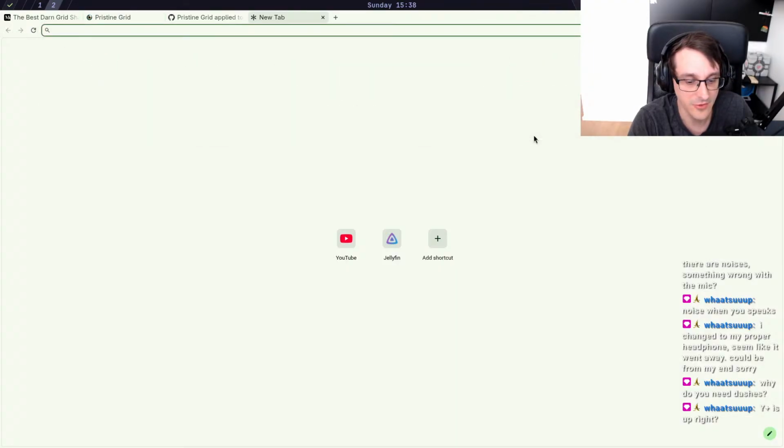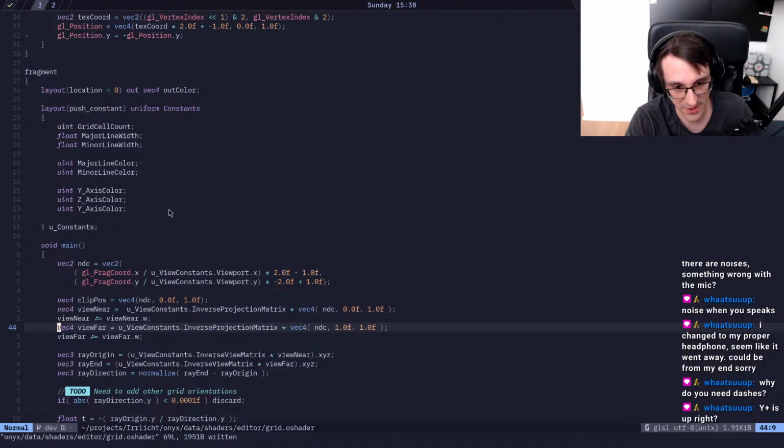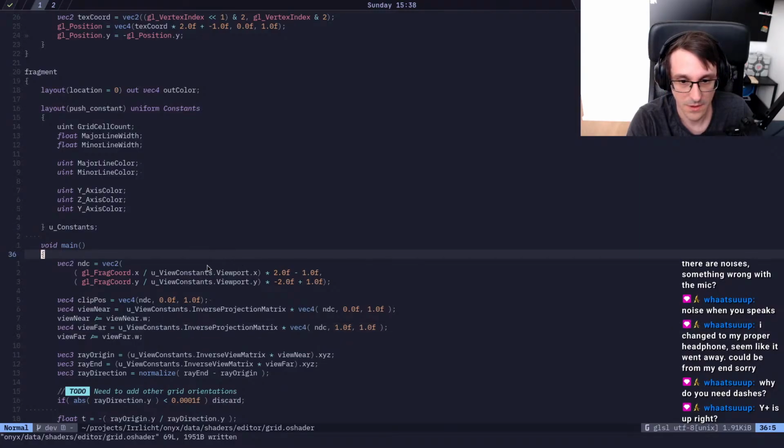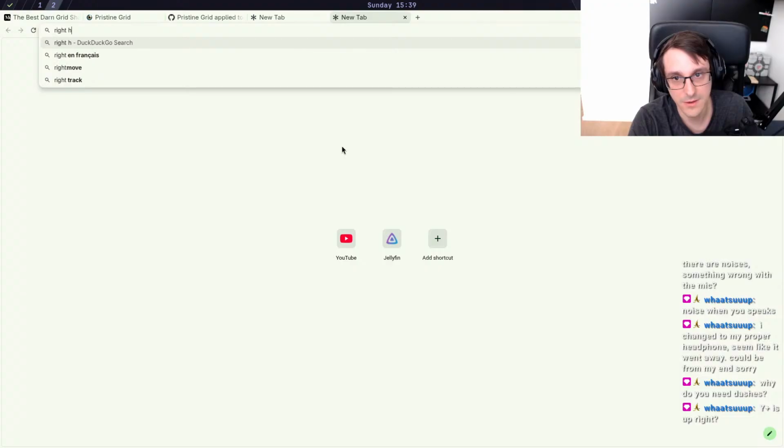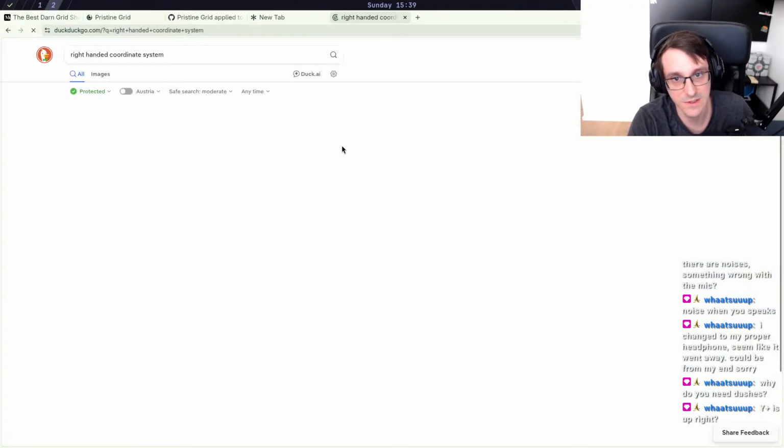That's why I have Y up and Z into the camera is positive and away from the camera is negative. So Y forward is negative usually. So it is a right-handed coordinate system currently.